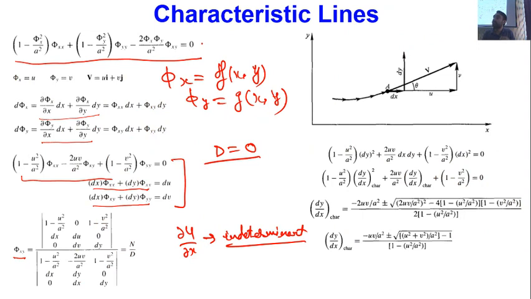So for any flow situation, if D is becoming 0, that is trying to make it infinite. But from the physical nature of the flow, it cannot be infinite. It has to always be a finite value. So as it has to be a finite value, the numerator also has to become 0 so that it becomes indeterminate, not infinite. Is this point clear?